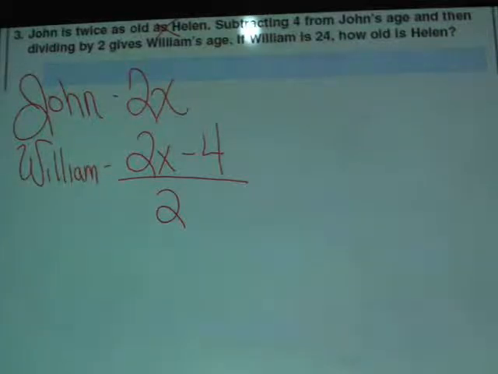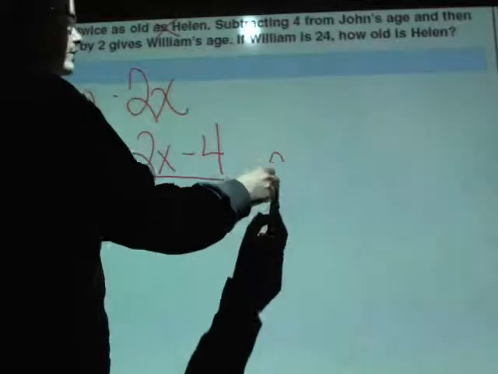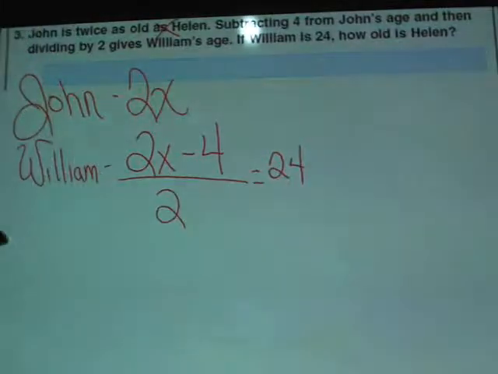And furthermore, we're told that William is 24, so this whole thing equals 24. And so we're supposed to figure out how old Helen is. And of course, Helen is X, so when we solve the equation for X, that will tell us how old Helen is.